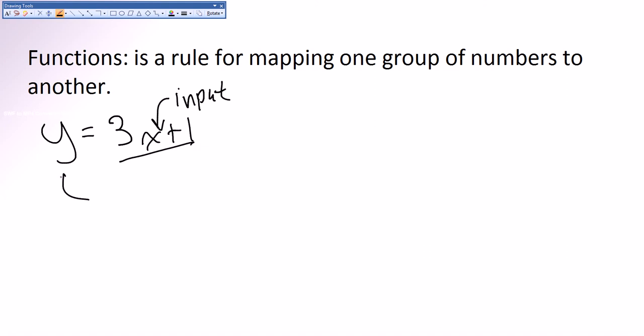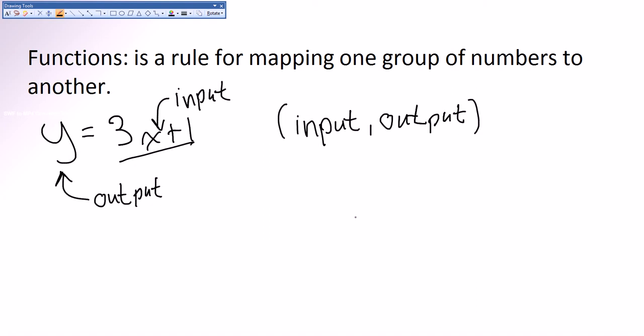Our y value is considered our output. And normally what we do for a function is write them in an ordered pair: input, comma, output.